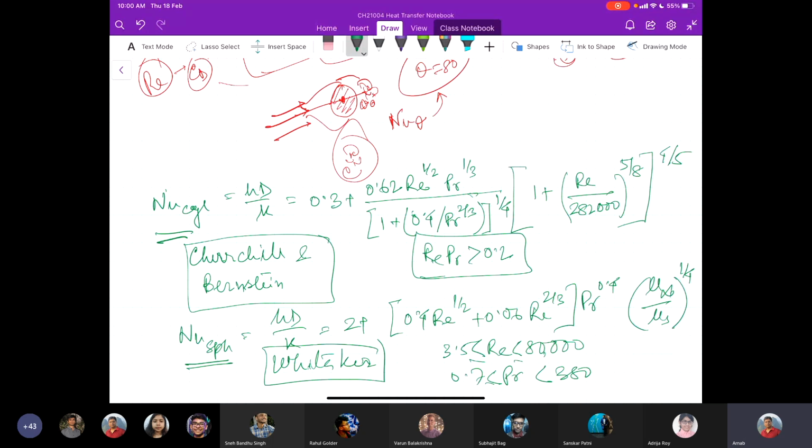They cannot do experiments for the whole possible range of Reynolds number, so whatever range they have studied, they have proposed such correlations. These correlations are mostly valid, but sometimes they over predict or under predict. The error can be 30% also. But when you do not have anything more accurate, you can use these relations to find the average Nusselt number for those scenarios.